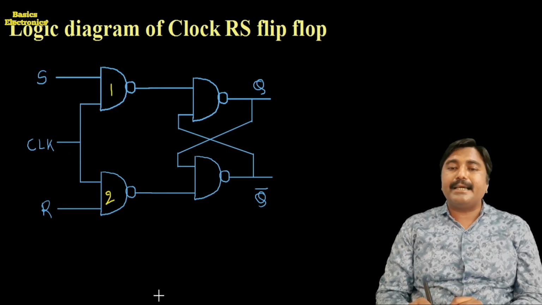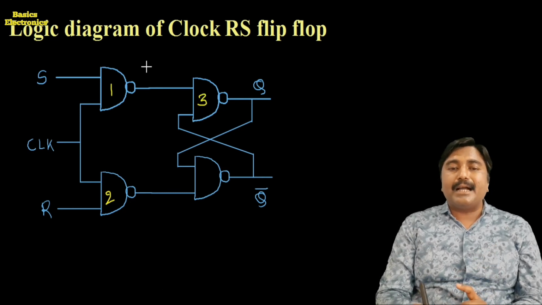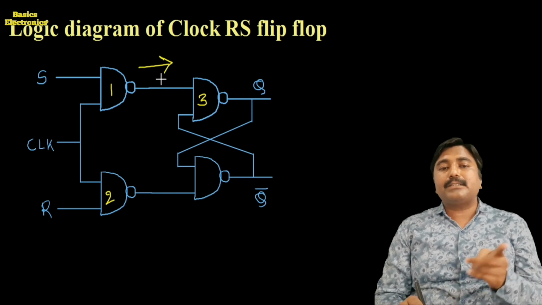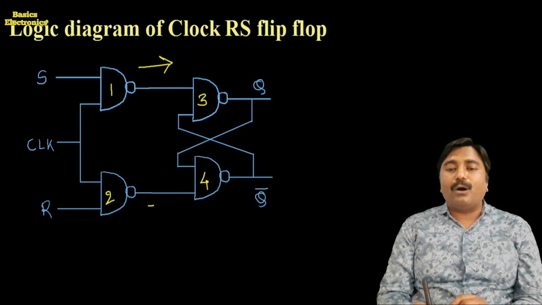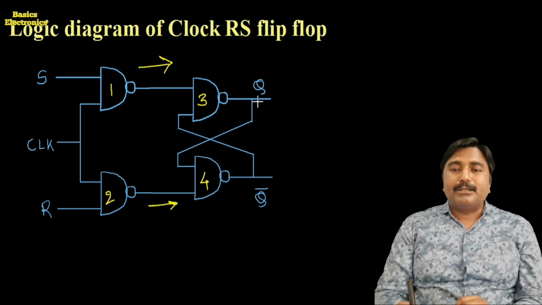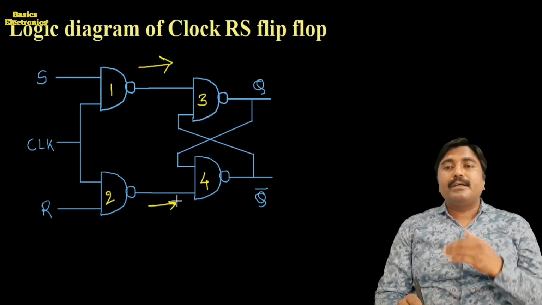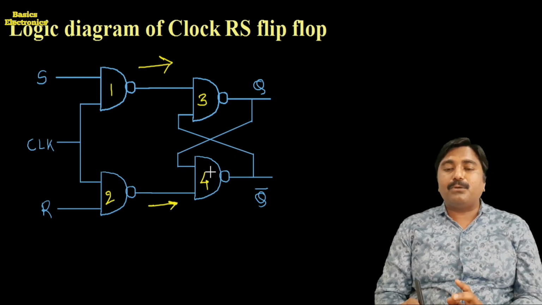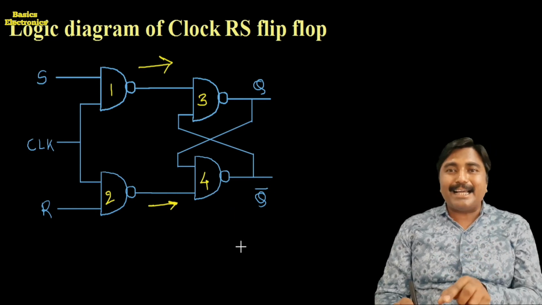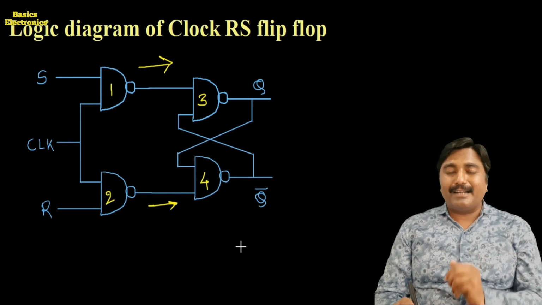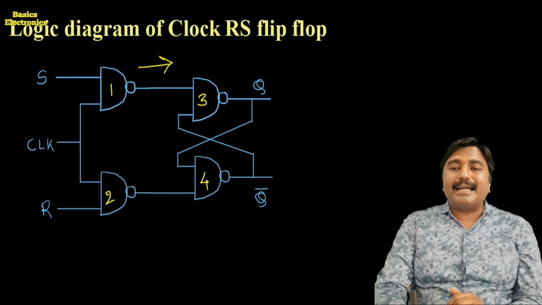The third NAND gate has one input which is the output of the first NAND gate, and the fourth NAND gate has the output of the second NAND gate. Okay, and the output of the third NAND gate is applied as feedback as an input to the fourth NAND gate, and the output of the fourth NAND gate is applied as an input to the third NAND gate.